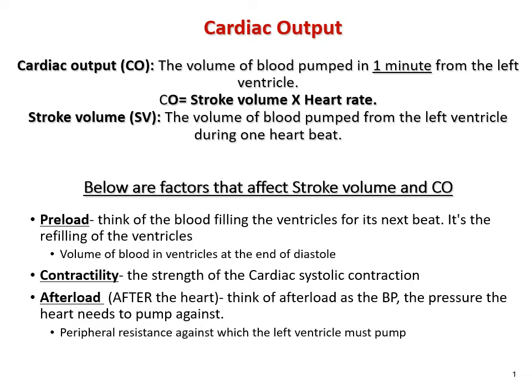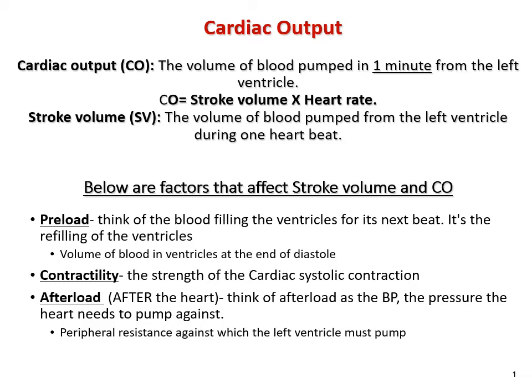What about afterload? So afterload is basically how much pressure am I having to pump against? In general, think of afterload as your blood pressure, because your blood pressure is what the left ventricle has to pump against.